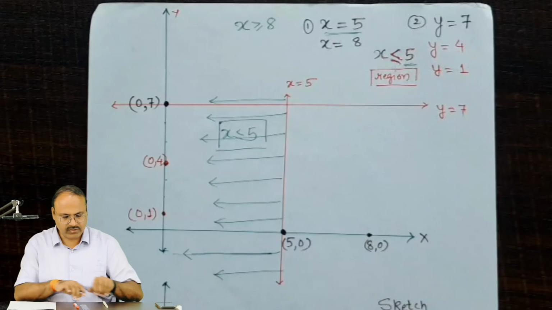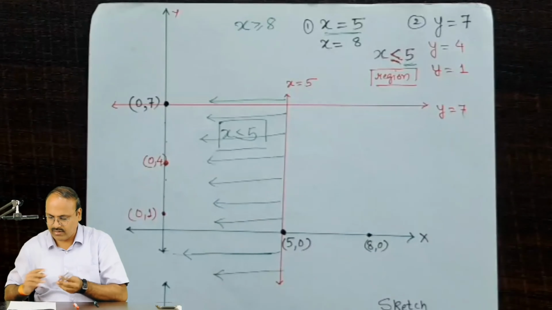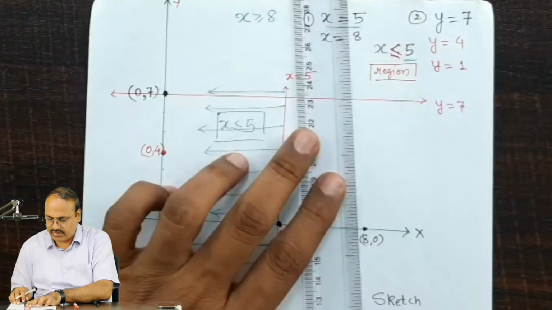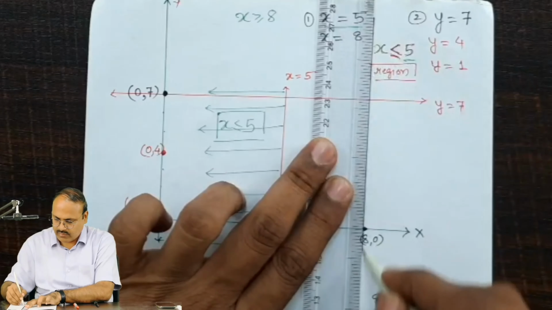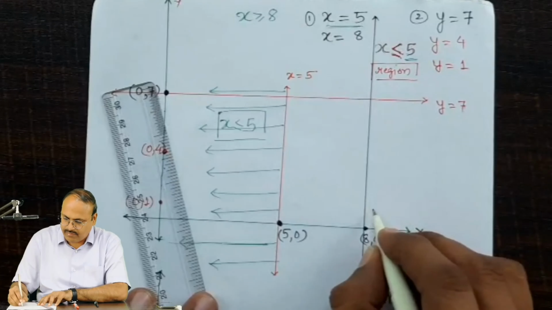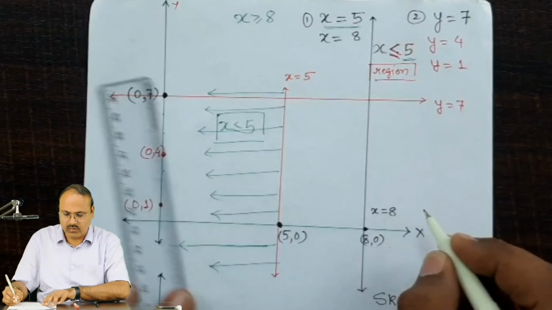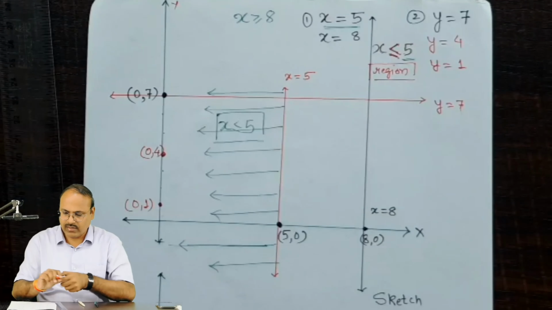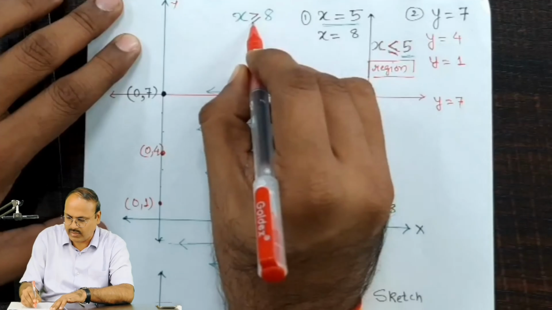Let us take the example of the region x greater than or equal to 8. For that we need to first draw x equal to 8. So let us draw the line x equal to 8. 8 is here as we see. This is a line representing the equation x equal to 8. And what is the sketch which we want to draw? We want to draw x greater than or equal to 8.